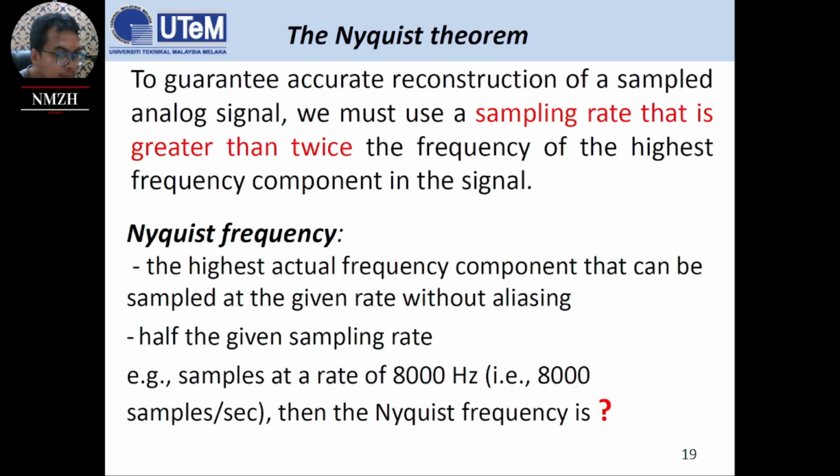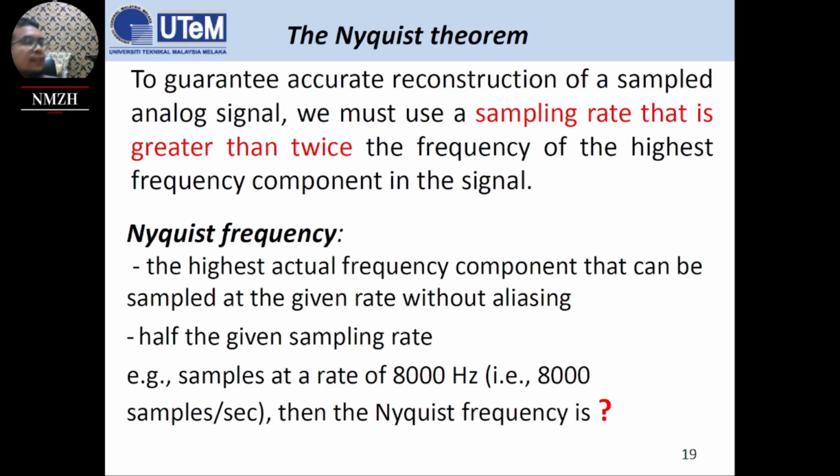So now, Nyquist frequency is half of the sampling frequency, so Fs over 2. That is what we call the Nyquist frequency, in other words, the highest actual frequency. For example, if we sample at a rate of 8,000, then what is the Nyquist frequency?